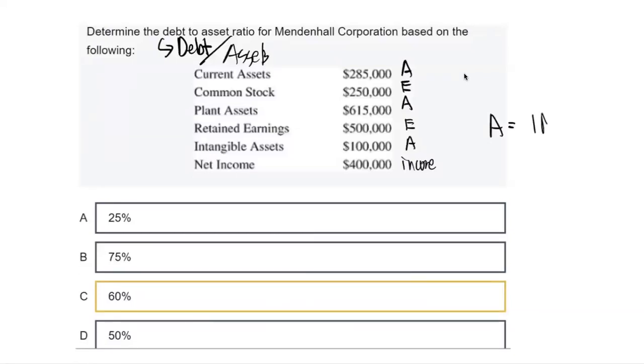Okay. So, 1 million. So, sabi natin, assets minus our debt is equal to our equity. Di ba? Parang accounting equation lang. Assets is equal to debt plus equity. So, hindi natin alam si debt, but we definitely can compute for our equity. How much is our equity? So, yung dalawang E.